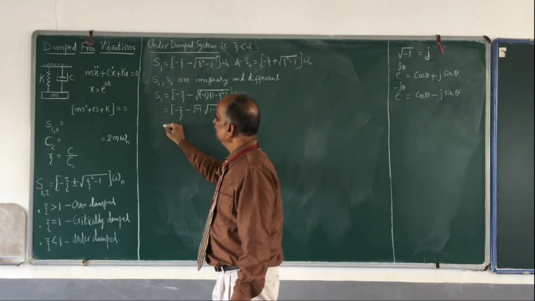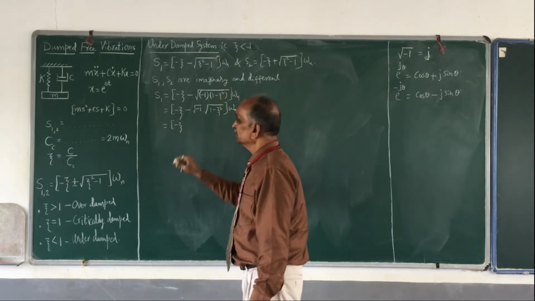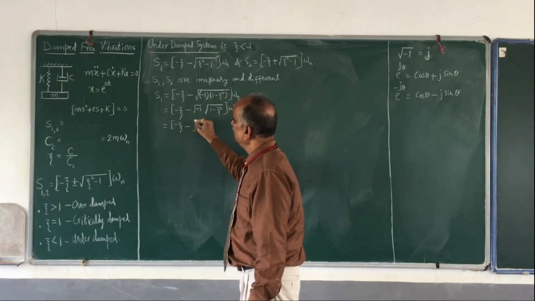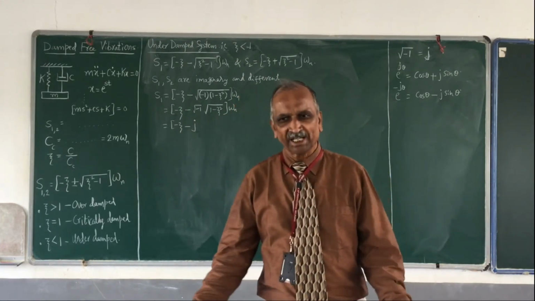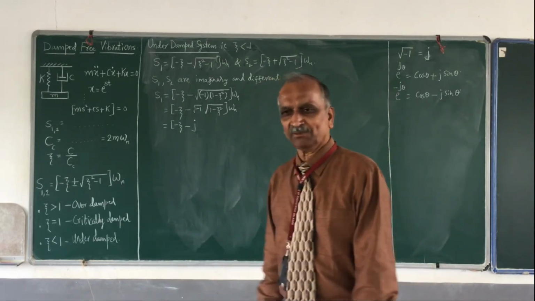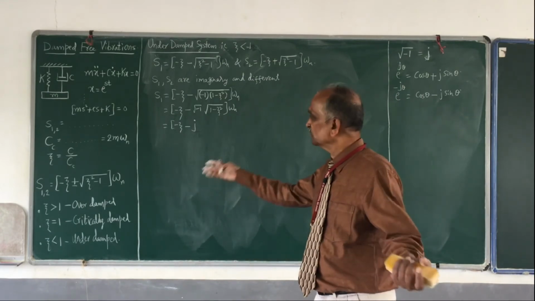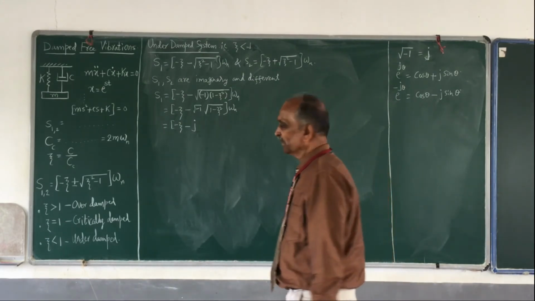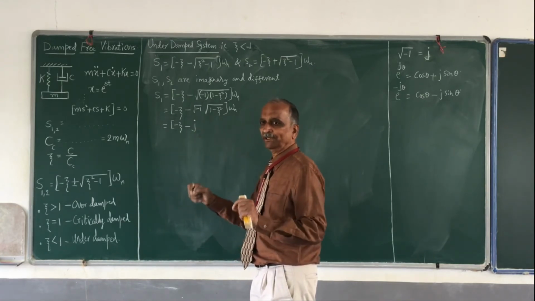Okay, this is nothing but root of minus theta. Then what is this minus 1? Minus j. Some books call it as i also. So i or j, whichever you are comfortable, you can take that. I am writing it as j, assuming that you are also comfortable with that. So if you are not comfortable, please replace this j by i.